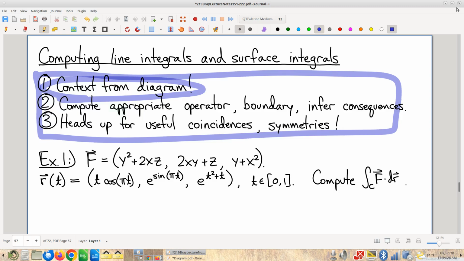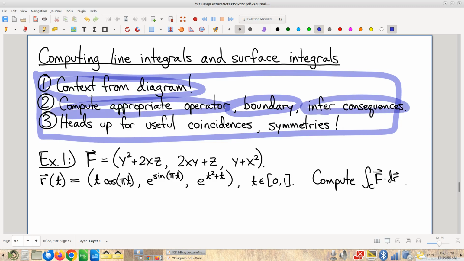Identify what you've been asked, identify where that is on the diagram, and that eliminates some possibilities right away, and tells you some things to try. It's a source of ideas. It even tells you specifically something you should compute. So compute what it tells you to compute. Think about the boundary considerations, and that might alone give you a way to solve the problem.